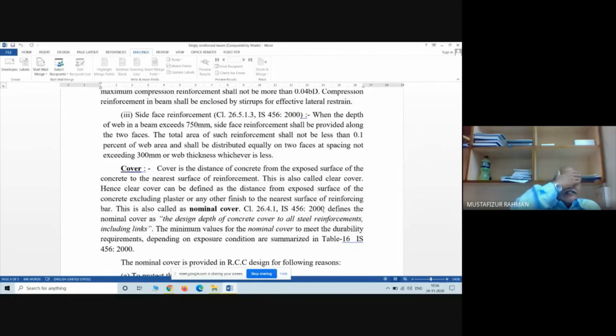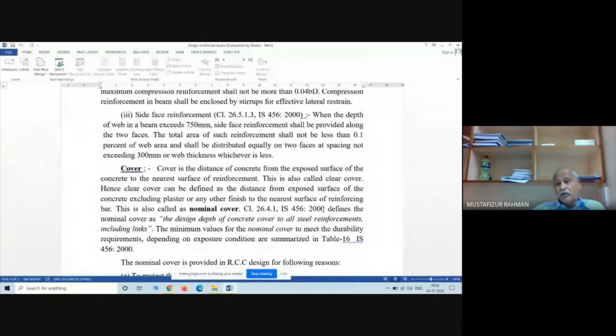So the word web was utilized assuming that the beam is a T beam. For a T section, there is one part web and one part flange. But we are talking with respect to rectangular beams, so for rectangular beams, web means the total. So we know this total area is b into effective depth, and out of this you find 0.1%. So very nominal.